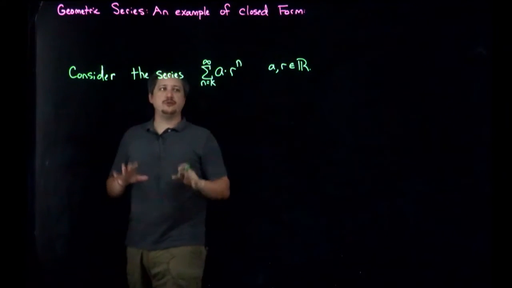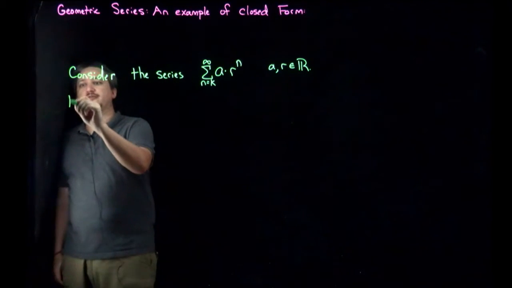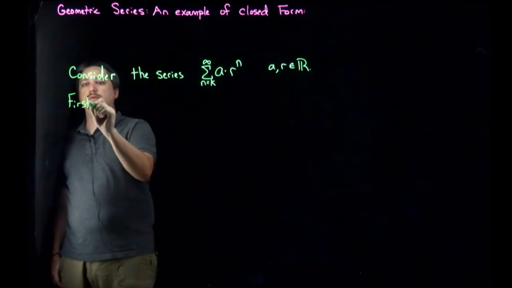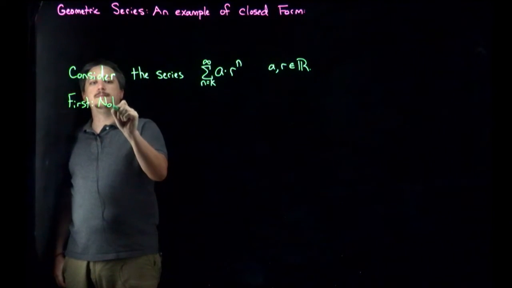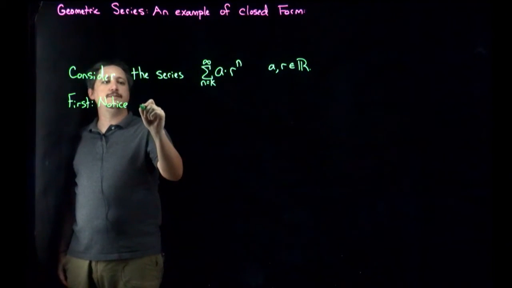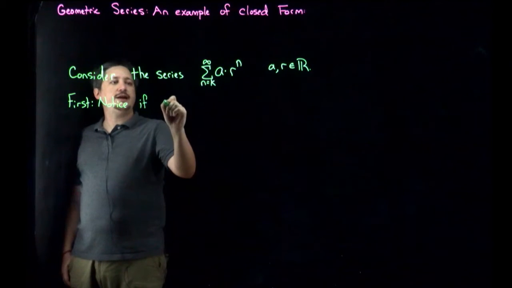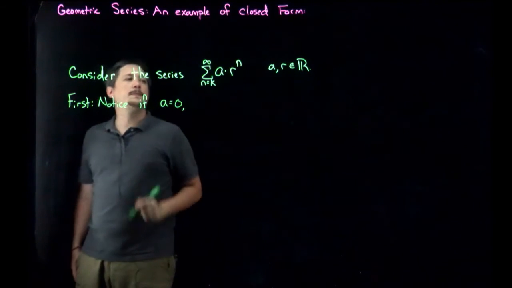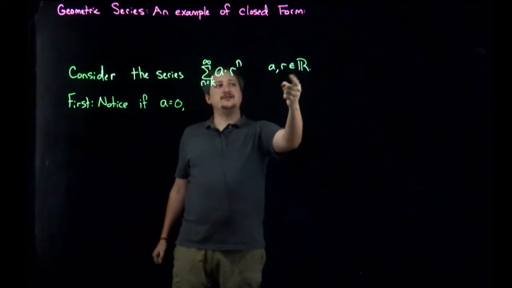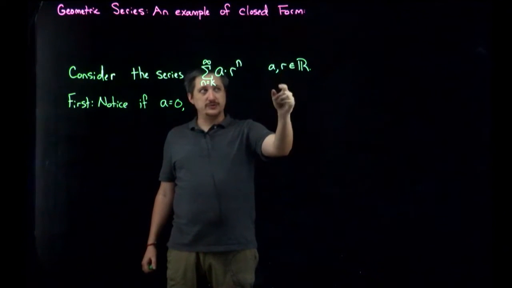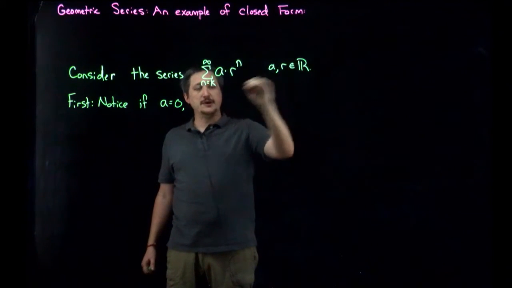Now the first observation: notice that if a is 0, then no matter what r is, because it's a finite number, which is important, right? It's not infinity because it's a real number.